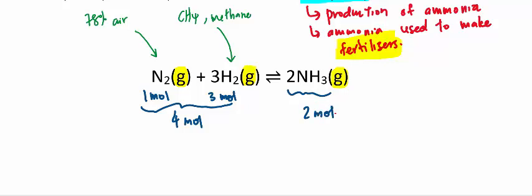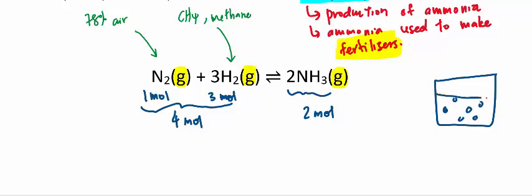Now, if the pressure is high, now listen first. Remember, equilibrium only affects a closed system. So all the molecules are here. If you increase the pressure, you squash it and force them to take a smaller volume.